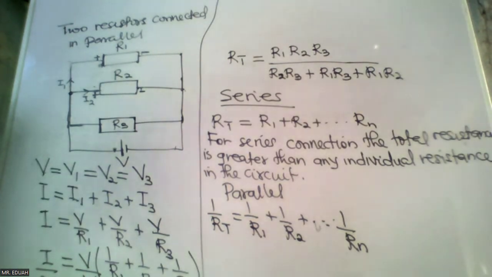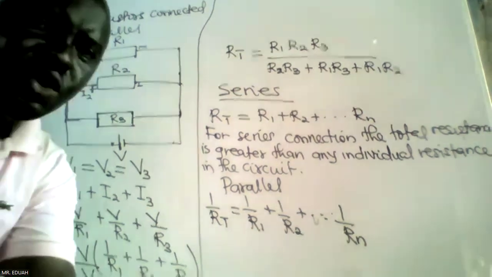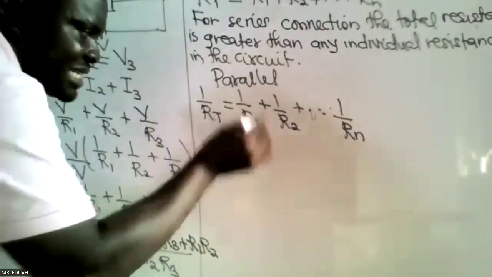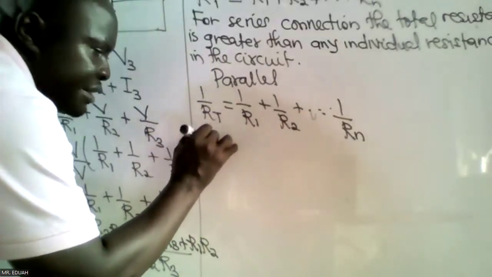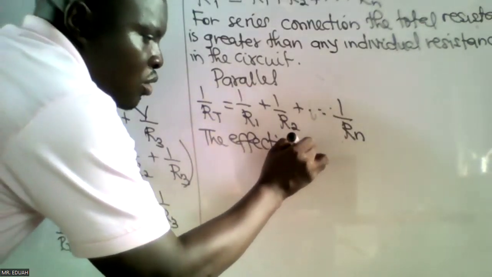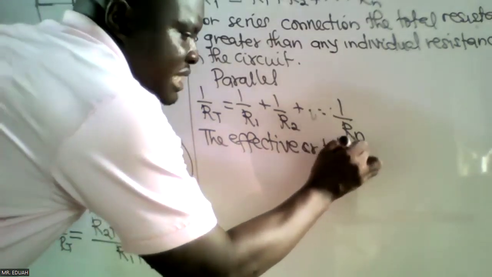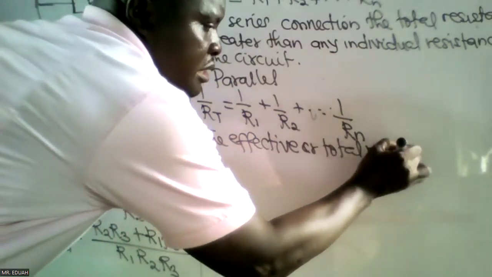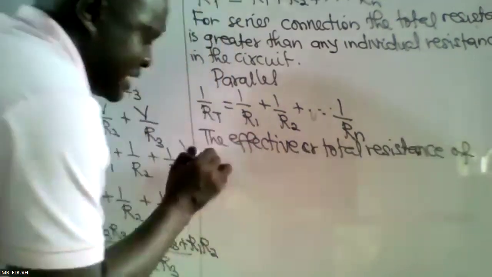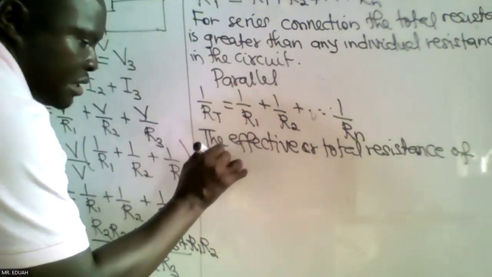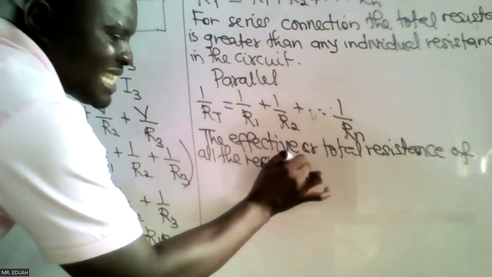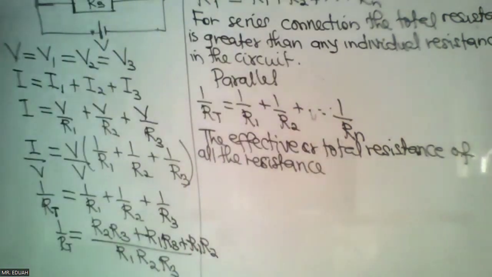Okay, now what happens is that when you connect resistors in parallel, the effective or total resistance of all the resistors is always less than any one of them.